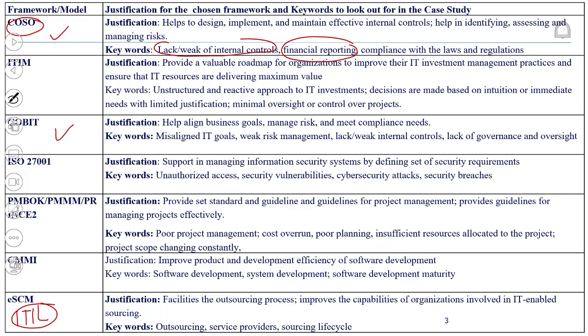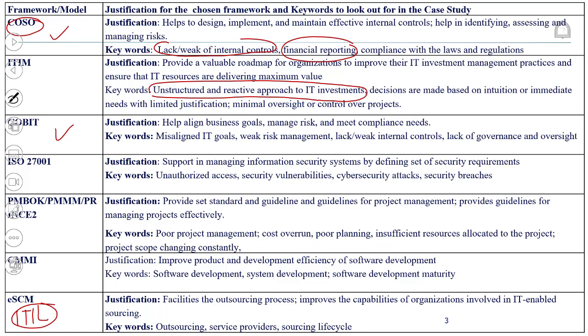ITIM is something that you've already covered, and I think it was tested heavily in the other exams that we did. One of the ways you know there's a problem with the IT investment in an organization is if the IT investments are ad hoc, in other words, unstructured. Somebody from the sales department says, I want this particular system, and it is bought.